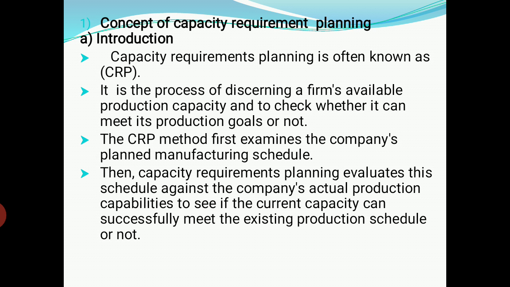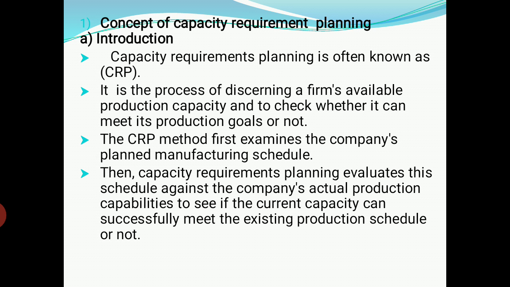Now CRP is the first method that examines a company's planned manufacturing schedule. That is MPS, right? It takes up all the manufacturing schedule in hand, and then it plans out the CRP. Then capacity requirement planning evaluates the schedule against the company's actual production capabilities to see if the current capacity can successfully meet the existing production schedule or not.